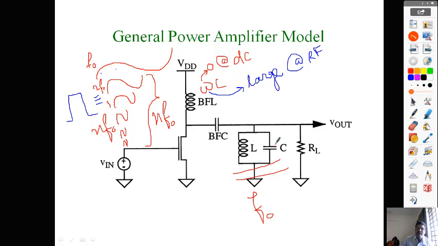The tank circuit acts as a selective network to select the fundamental frequency to be passed to the load. Therefore, at the load, we will get only a sinusoidal signal at the frequency f0, which is selected by the LC tank circuit. This is the role of the LC tank circuit placed at the output stage of a power amplifier.